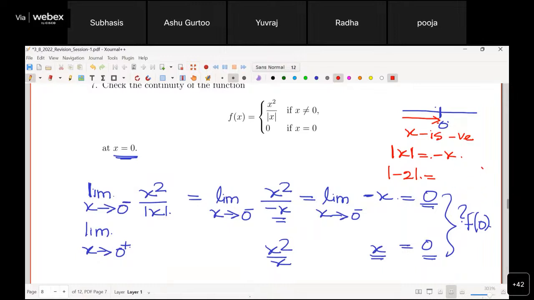If it is minus 2, mod of minus 2 is minus of minus 2, so net is plus 2. So when you are saying minus of minus 2, what is your x here? x is basically minus 2, right?